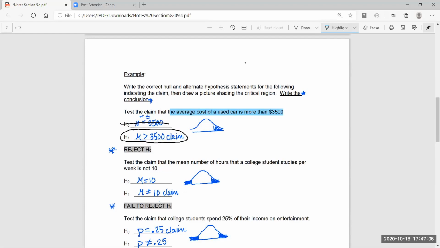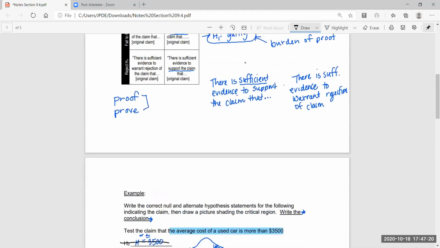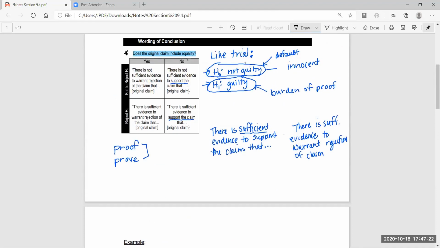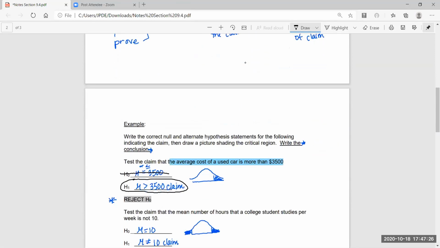Well, here's my claim. Is there an equal there? No. So no to that. So we're looking at this column right here. And then it says reject.